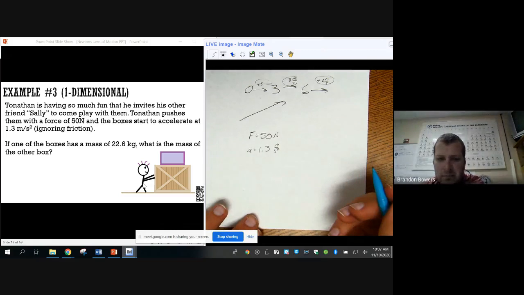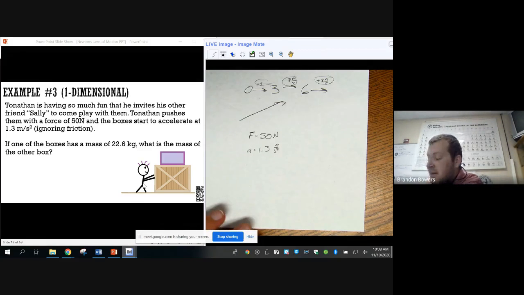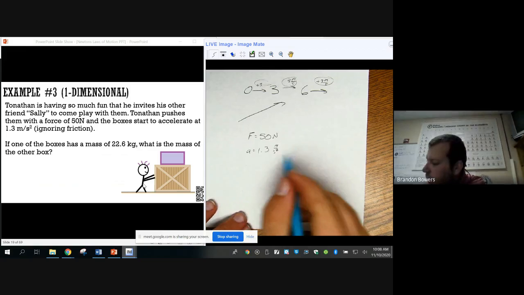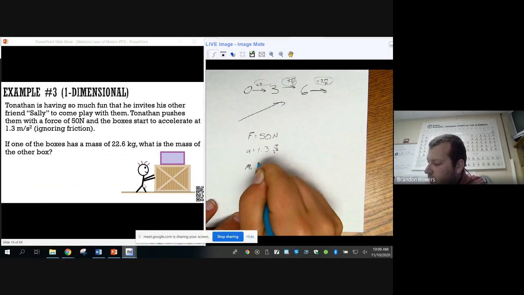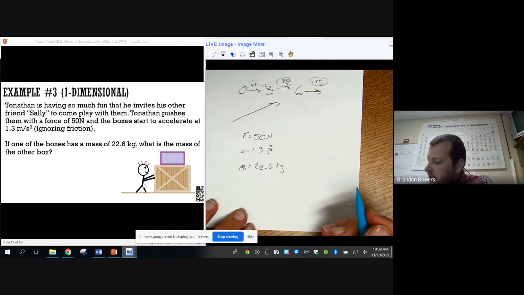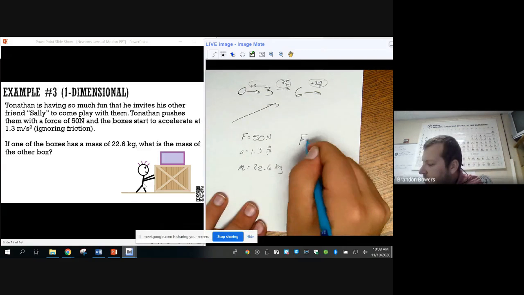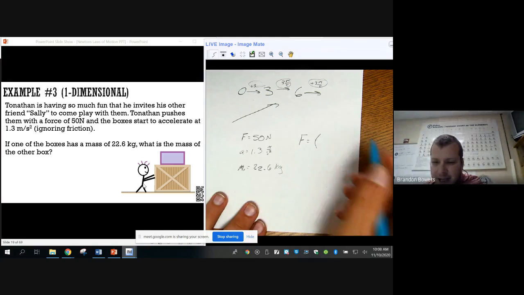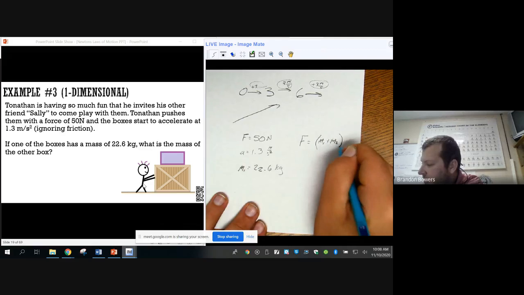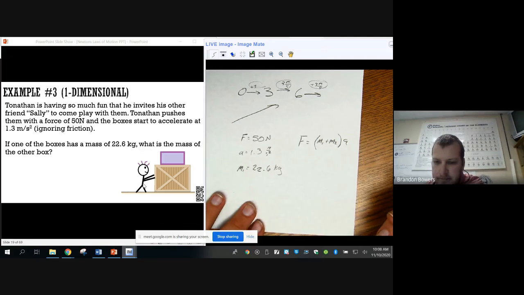If one of the boxes has a mass of 22.6 kilograms, we're going to call that mass 1. To solve this, force is equal to our combined masses, mass 1 plus mass 2, times the acceleration.